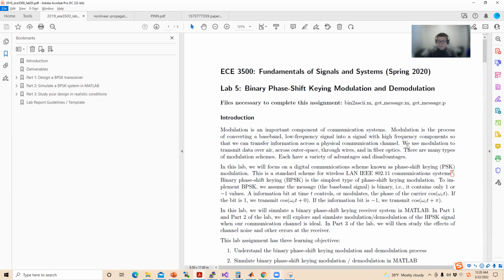The most important reason why we use modulation is we want to convert a baseband signal into a high frequency signal.